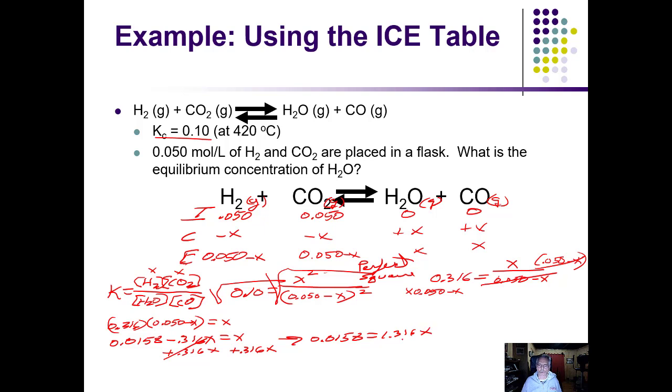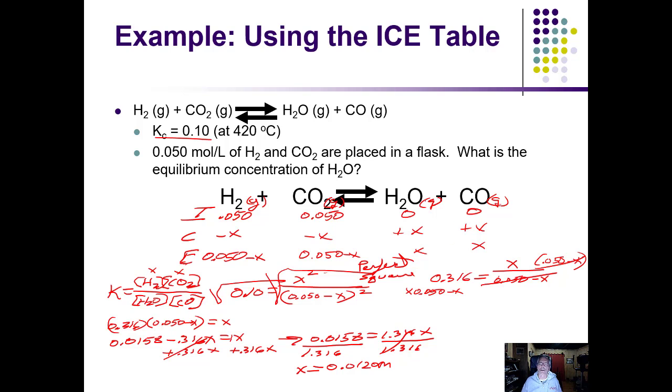The reason you have 1.316x is because this is a 1x that you're adding to 0.316x, which gives you 1.316x. I'll divide both sides by 1.316. It'll cancel here, and then divide by 1.316. That's going to give us the value for x. And that gives me, looks like 0.0120 molar. Okay, so that's my x value.